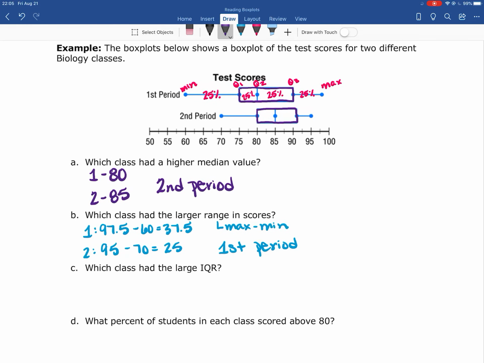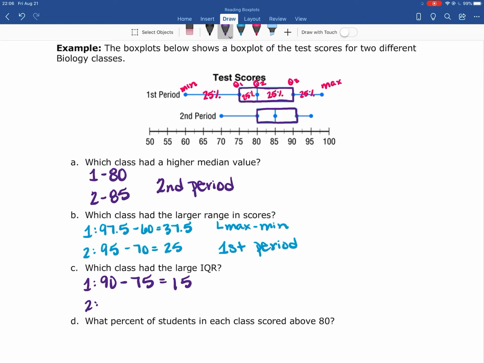So it looks to me like first period has a Q3 value of 90 and a Q1 value of 75. So that is a range of not 25, 15. Sorry. That's a range of 15.